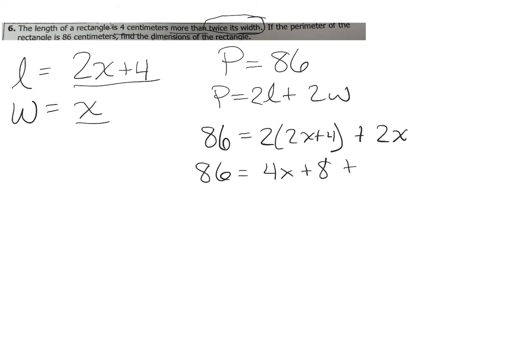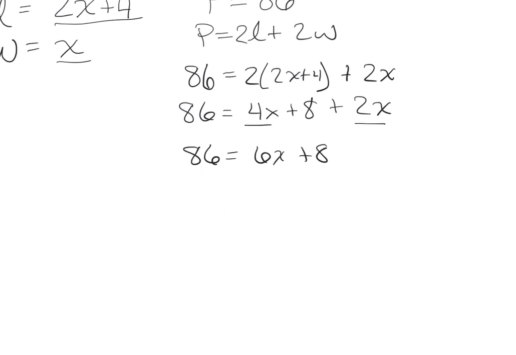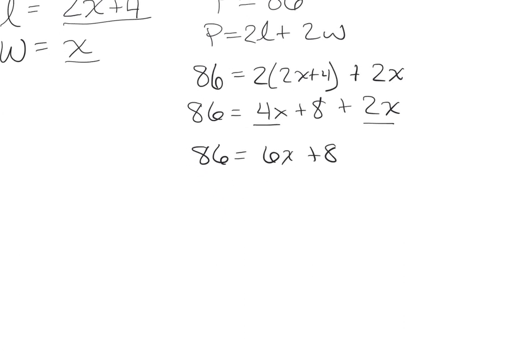And then you still have to add 2x. So now you combine your like terms. 86 equals 6x plus 8. Then subtract your 8 over.